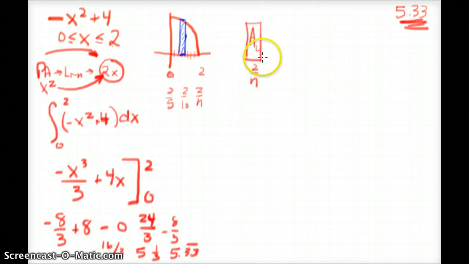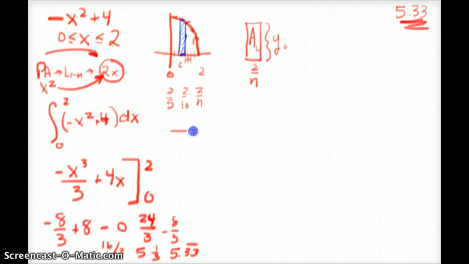Now notice that the heights of the rectangle change, and it changes depending upon where on the curve I am, from the 0, which was 4, to the 2, which is 0. So I'm going to call that the y, or the y of the ith interval. Again, that is just talking about some particular location from 0 to 2. Now I'm going to get fancy here. The function was negative x squared plus 4.